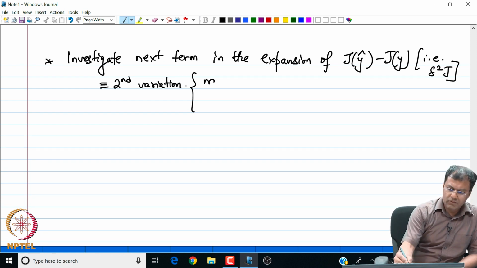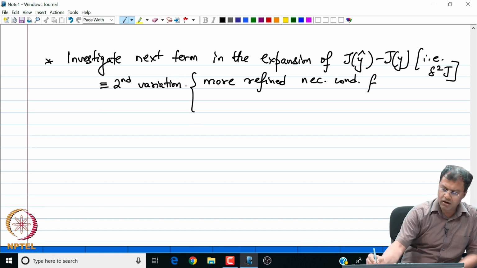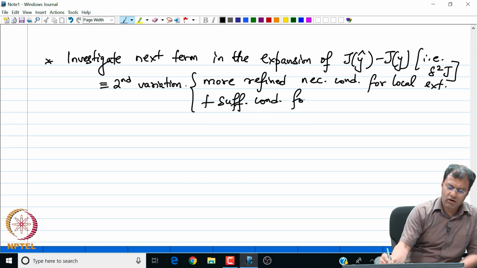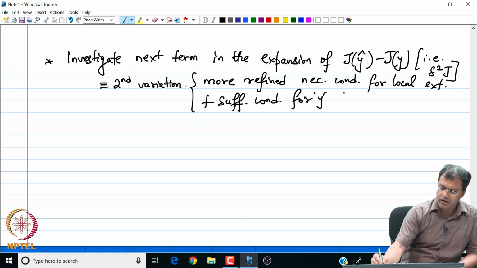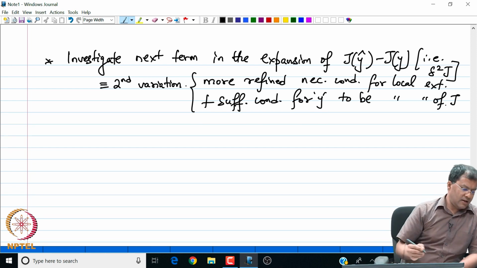So, it provides a more refined necessary condition for local extrema, and it also provides the sufficient condition for y to be a local extrema of J, right.